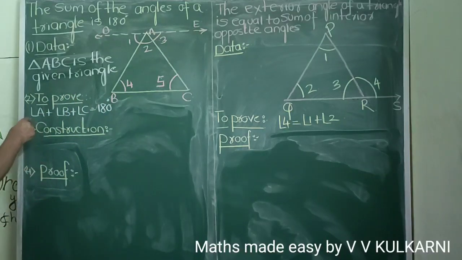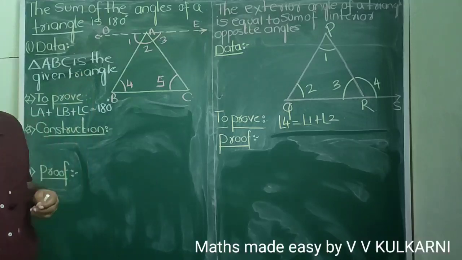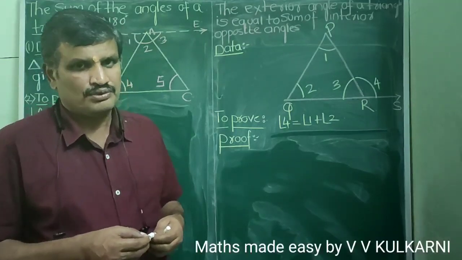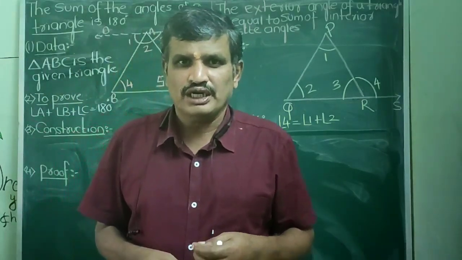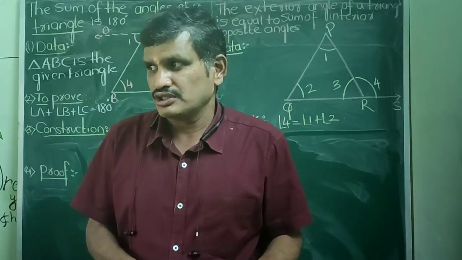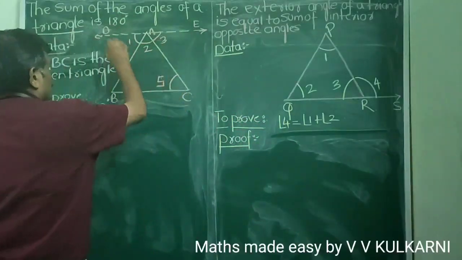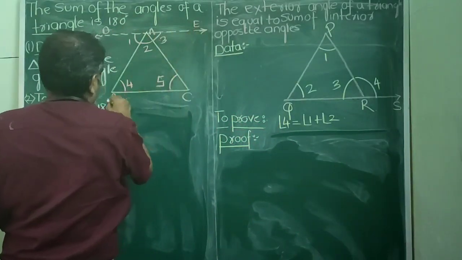Next is construction. I have to construct something in order to prove my theorem. Directly I cannot prove the theorem, so I need certain things to be extended, and those extended things are called construction. So what am I extending here? In this triangle ABC, I am constructing DA parallel to BC.